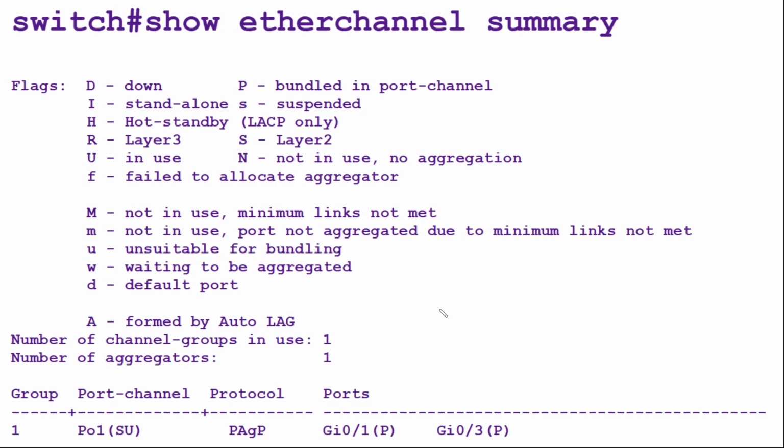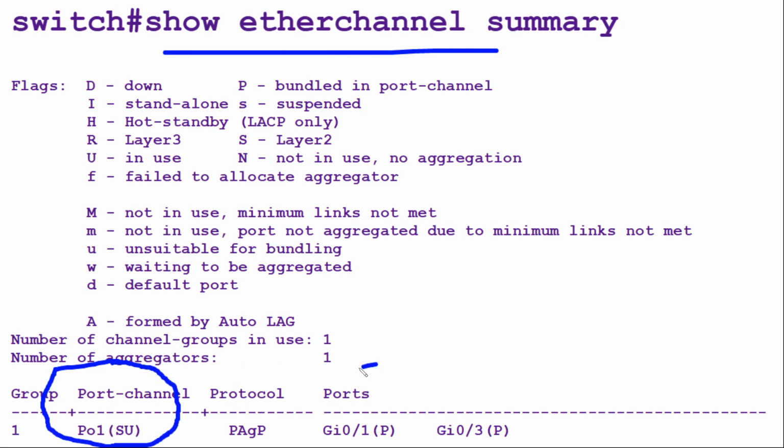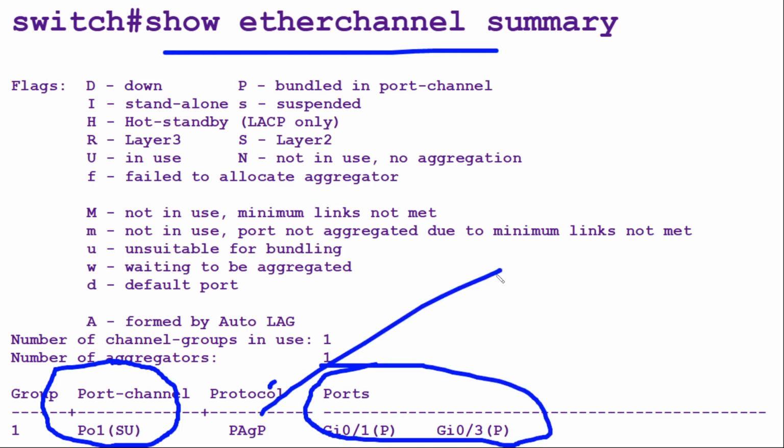So let's see, for instance, an example of show etherchannel summary. You can see your port channel status and your individual port status. Notice that here it is telling you that you are using PAgP for this EtherChannel.